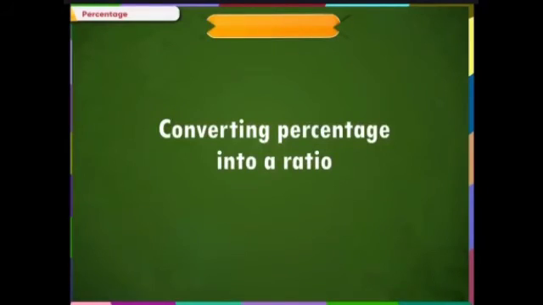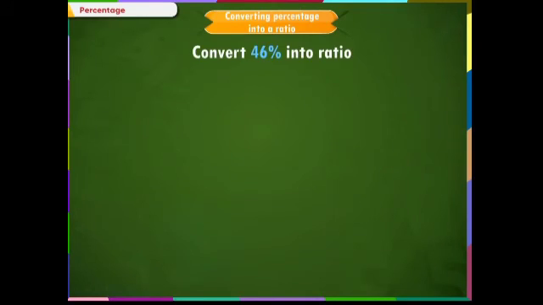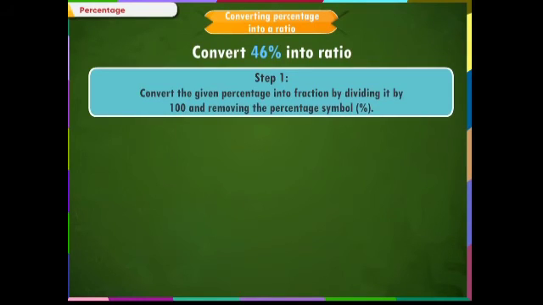Now, converting percentage into a ratio. We will follow similar steps as in the previous example. Convert 46% into ratio. Step 1. Convert the given percentage into fraction by dividing it by 100 and removing the percentage symbol.